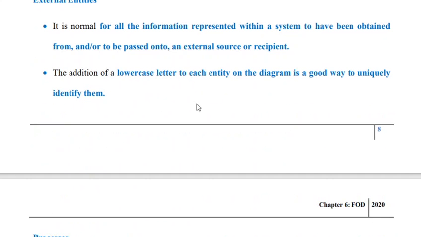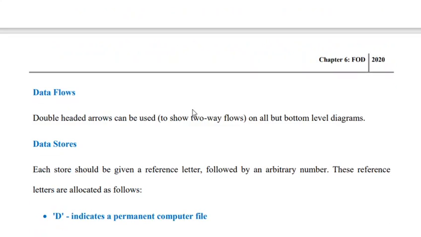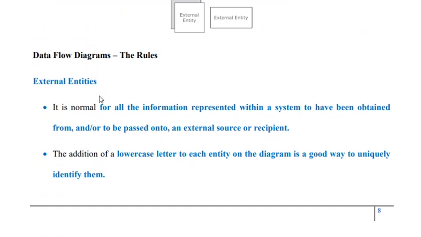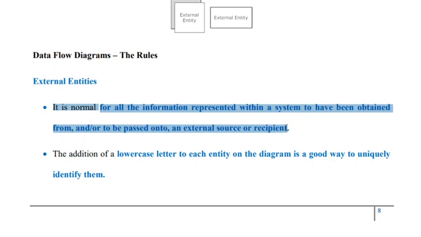Now there are certain data flow rules that are to be adhered to. For external entities, it is normal for all information systems represented within a system to have obtained information from, or to pass it on to, an external source or recipient.